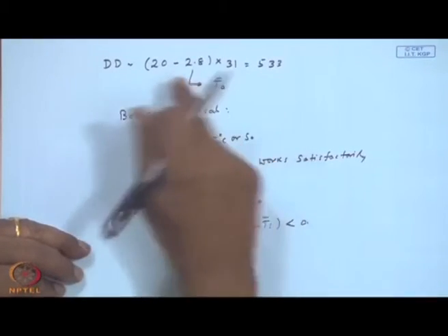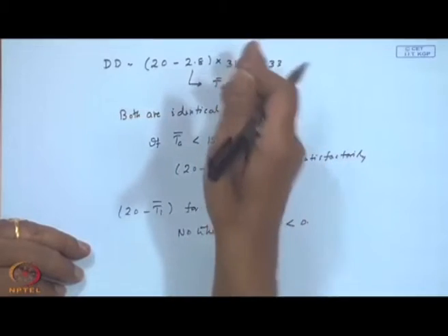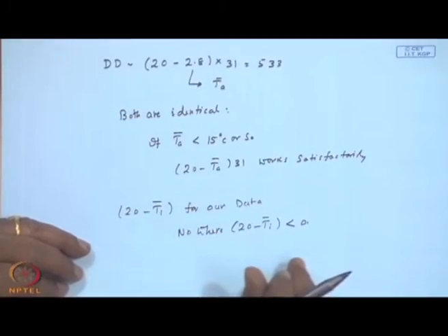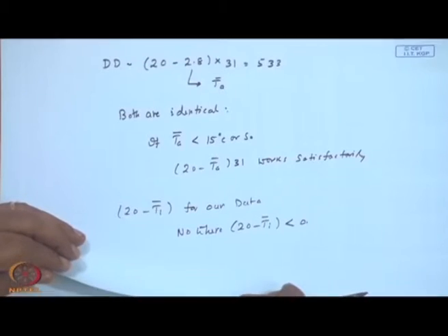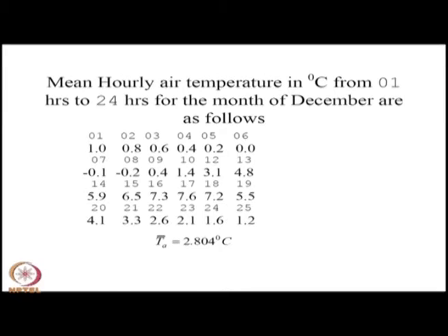So, whether you average out and substitute or multiply by 31 or take the summation of each day, you will get identical result. Okay. And this is correct. Still there is an approximation, because this is based upon T I bars and not T I of each day. But nevertheless, considering the highest temperature to be 7.6 averaged, the chances are it may not exceed 20 at any time in the 31 days for that particular month. So, this is how you can generate the data.